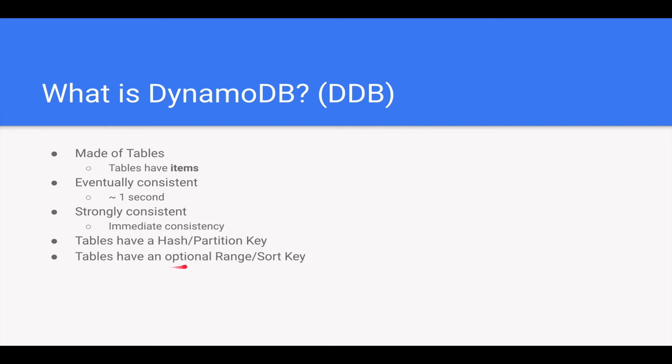But tables have an optional range and sort key, and this is what makes it a wide column store as opposed to just a key value store. So you can actually not use a range key. You can only use a hash key, and these terms will get more concrete in the upcoming code. But if you just got rid of the range key, you could have essentially Redis. That's why it can be a key value store.